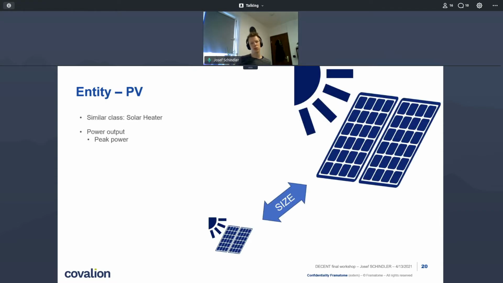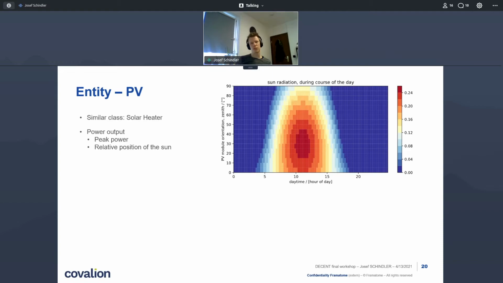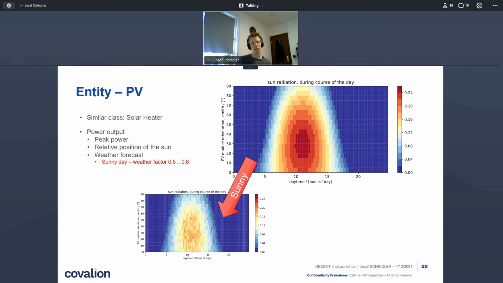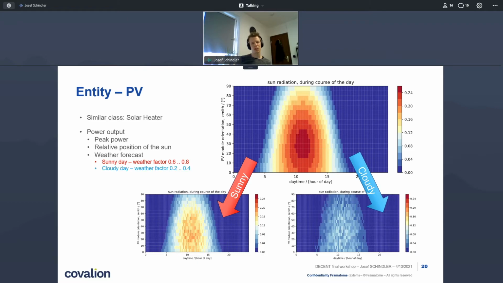The power output differs with the size of the plant and the relative sun position, which changes over the day and also depends on the geometry of the power plant. We also implemented some simple weather forecasting.